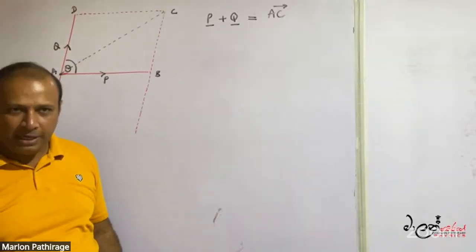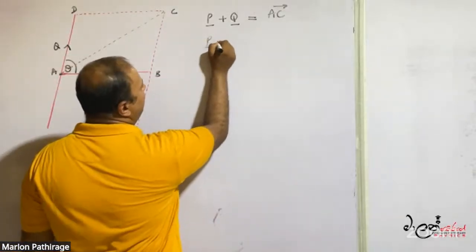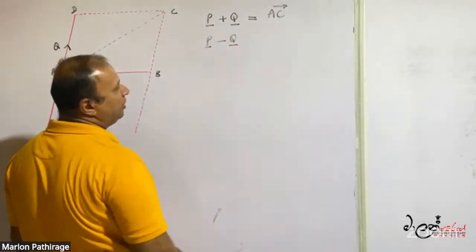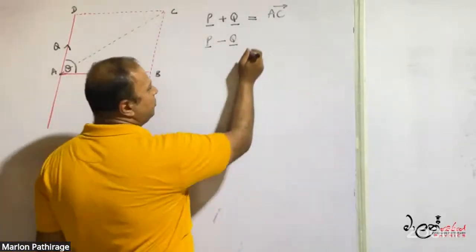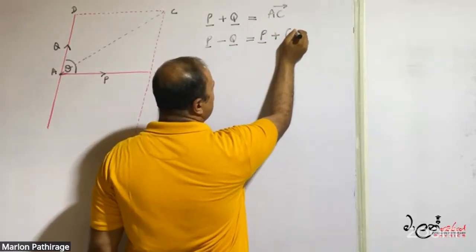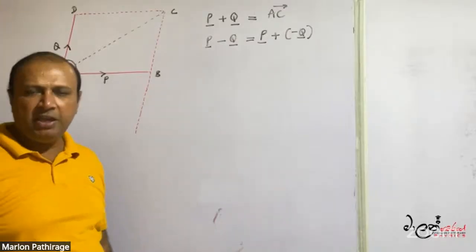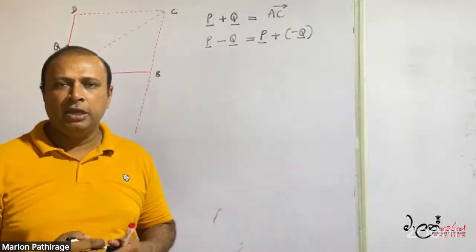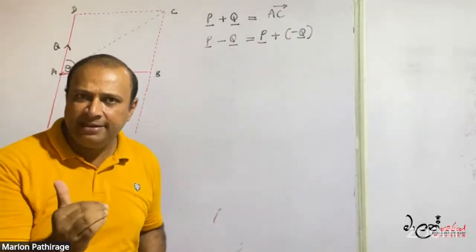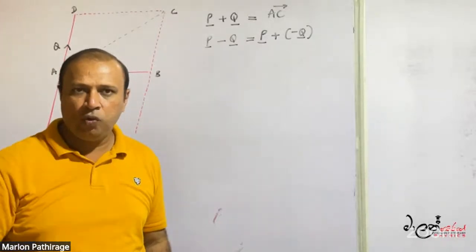Now you need to determine P minus Q. P minus Q should be equal to P plus minus Q. That means you have to add P vector plus negative Q vector.